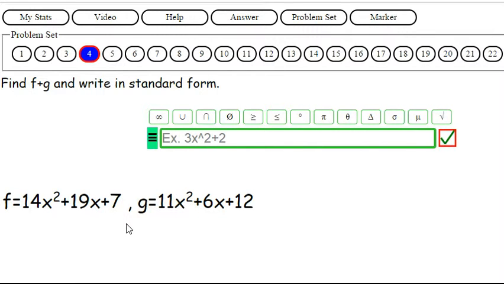We have f equal to 14x squared plus 19x plus 7, and g is equal to 11x squared plus 6x plus 12. So these things are getting a little bit more complicated, aren't they? As usual.